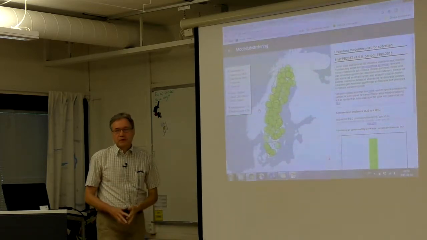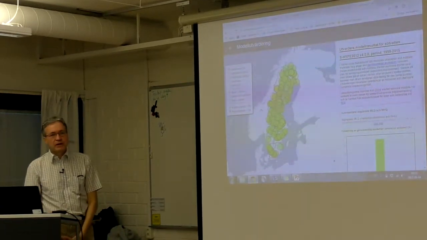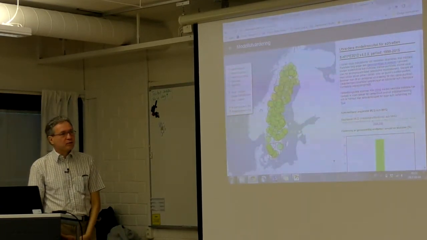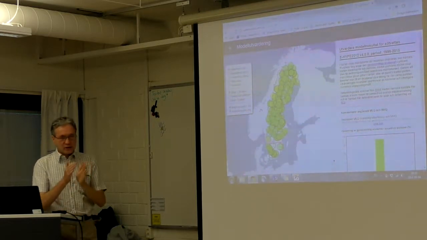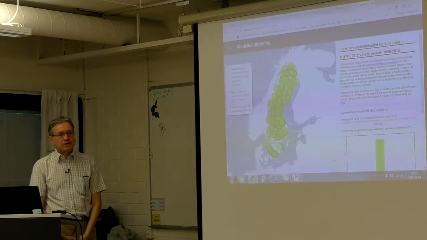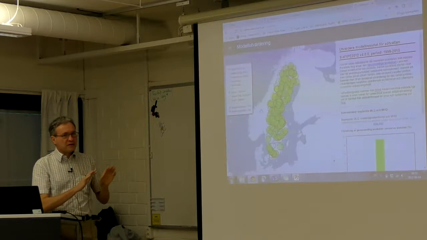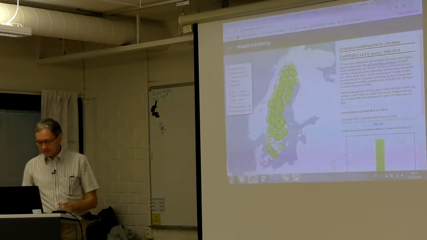One of the main challenges with the Swedish HYPE model is something that I don't think you will encounter in your work, and it's the very small scale. That gives new challenges when it comes to the routing of water between subbasins and so on. So there are other challenges in this high-resolution model.